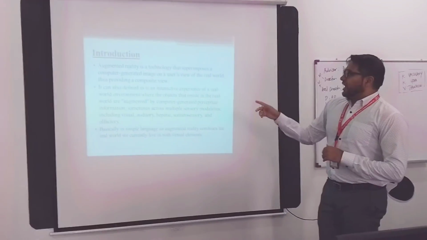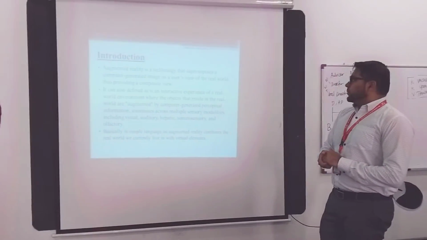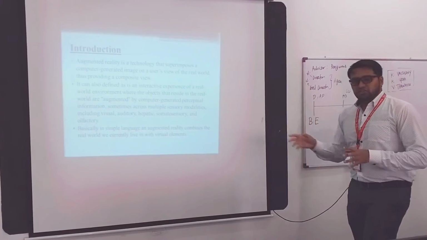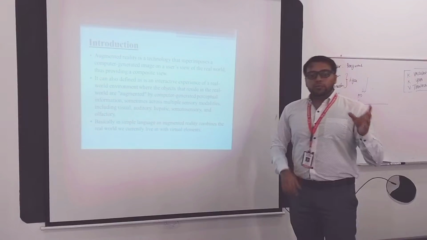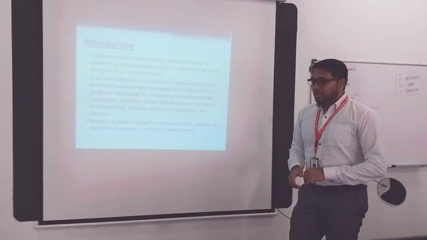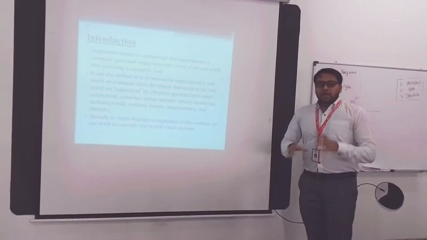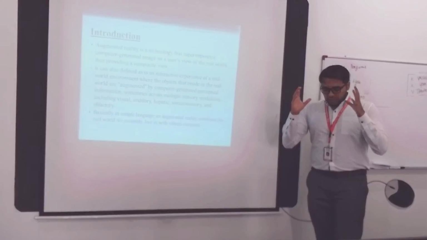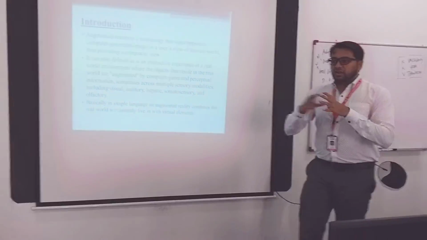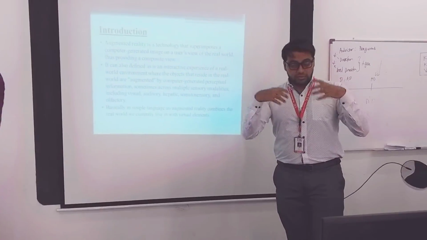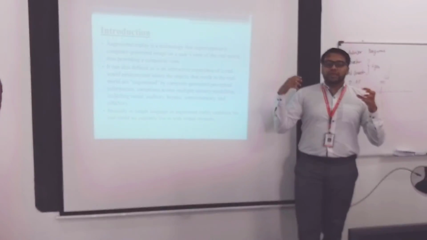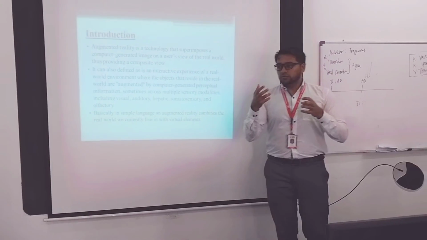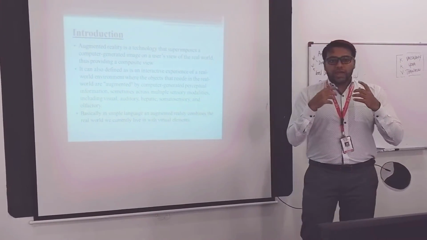Augmented reality is a technology that superimposes a computer generated image on a user's view of the real world, thus providing a composite view. What it means is that you can actually see the real world, and then images are added to your eyesight, for example through smart glasses or smart lenses.